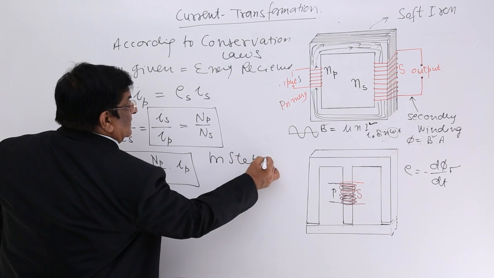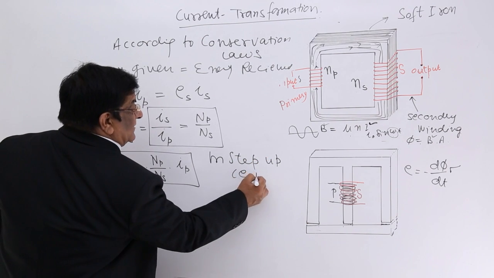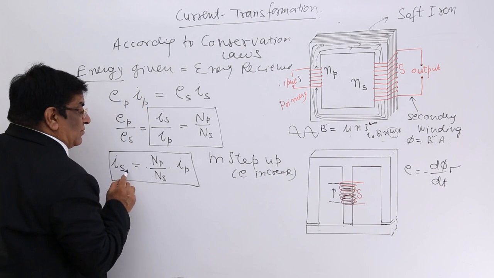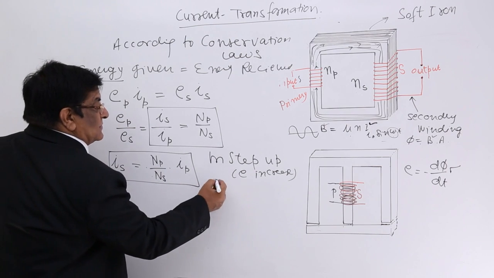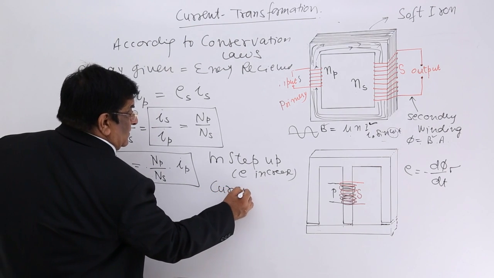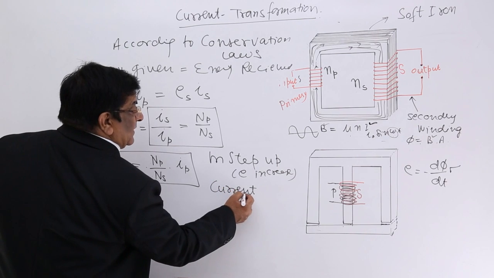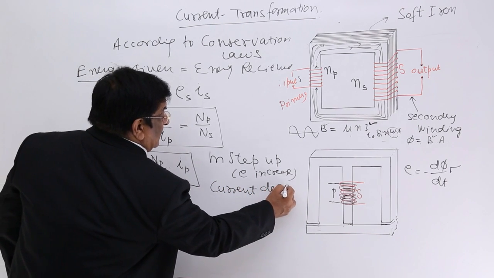In step up, what happens? Normally E increases. But what is happening to current? This is larger, this is smaller. So current is getting smaller. Current in step up transformer becomes less, decreases.